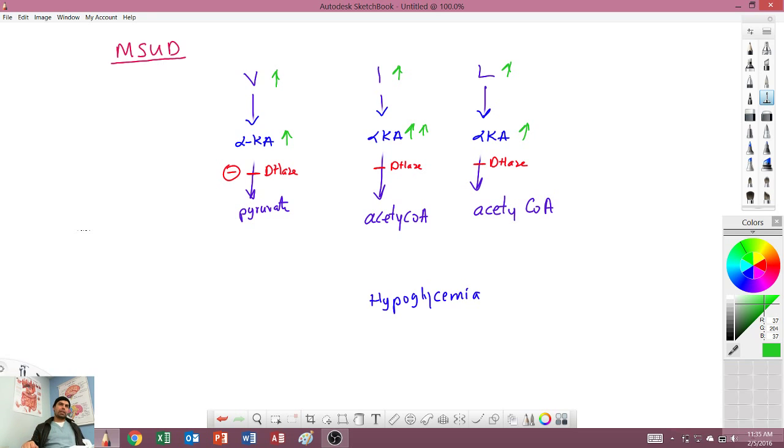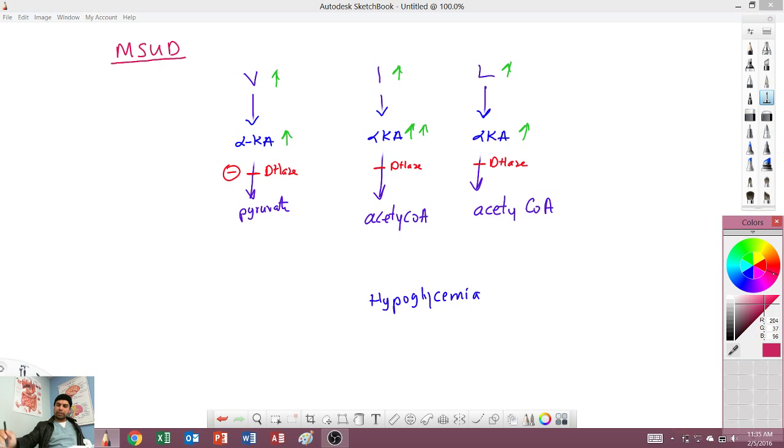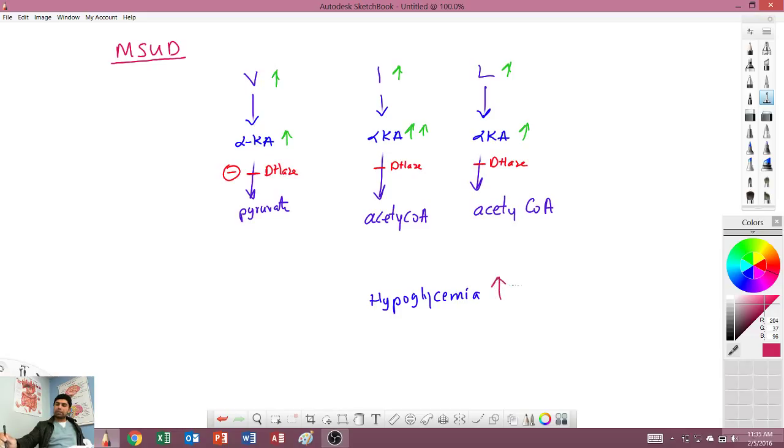Otherwise, it's asymptomatic. And of course, the symptoms will be of hypoglycemia anyways, right? Hypoglycemia. Low blood sugar level. Don't ignore my arrows. So just hypoglycemia. And when you're low in blood sugar level, you will feel confused, headaches, blurry vision.